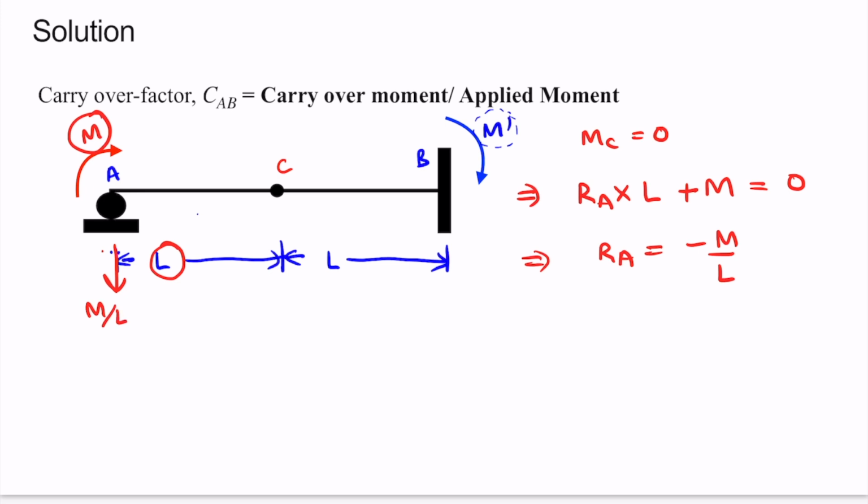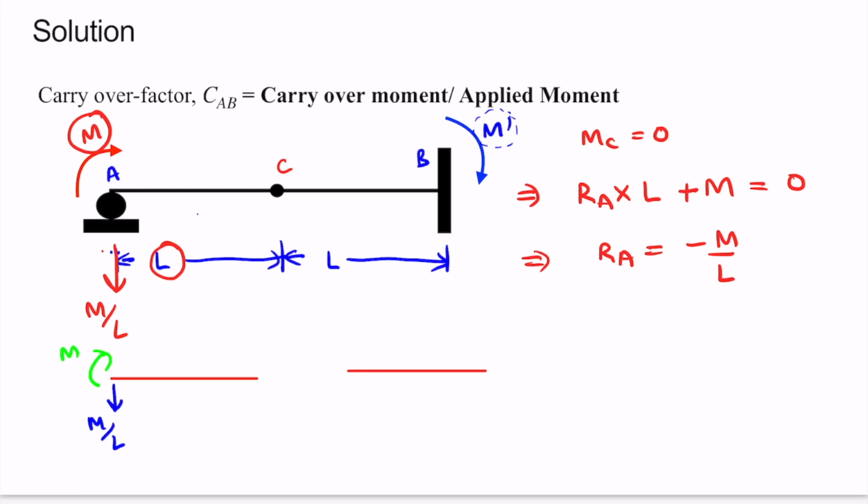Okay, now to calculate the value of M dash, let us make the free body diagram of this beam. Let's draw the part AC first. And this is part CB. Now we know that here it is M by L. We also know that the moment here is M, right?